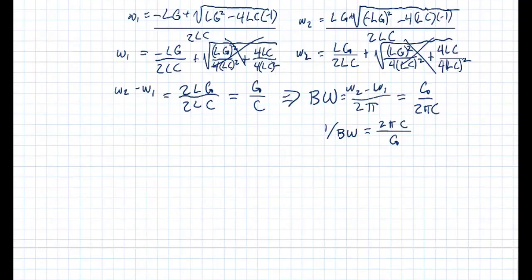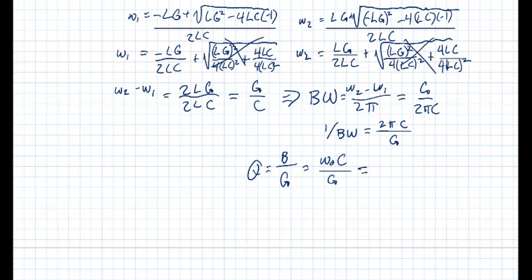Okay, so now Q, as you recall, is the susceptance over the conductance. And for the capacitor, the susceptance is omega, and at resonance, it's omega naught C. So that's the susceptance, and you have the conductance. So that's the Q in terms of the capacitance.